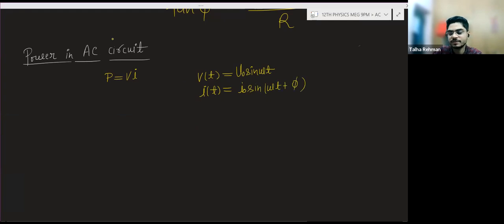So what is phi? Phi is basically the phase difference between the voltage and the current. I am taking phi as any random phase difference.